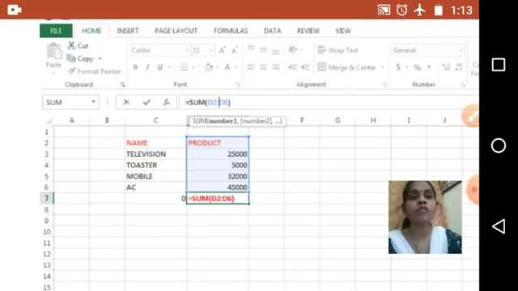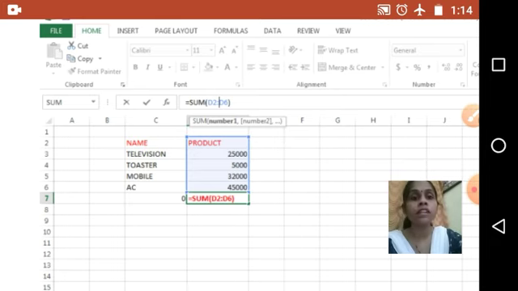It is written product but it is the rate, so it was written by mistake; correct it, it is the rate. Okay, now after writing all the rates, in the last cell you have to write the sum.